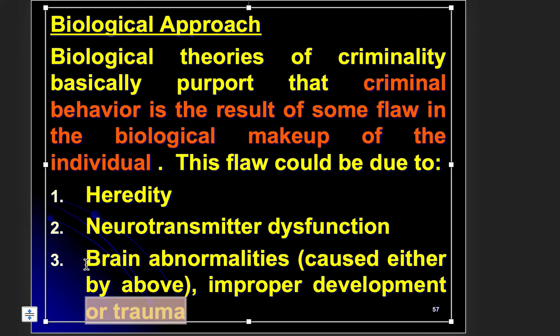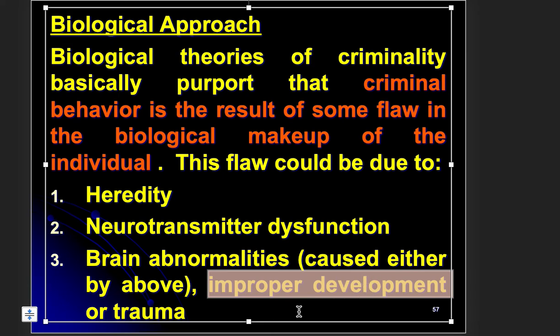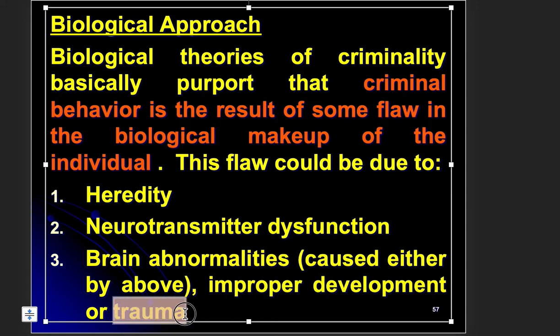So, it's called brain abnormalities. It is caused by either heredity or neurotransmitter dysfunction or improper development during childhood. Posible na pasmo na siya, na malnourished na siya. Or probably napangka na siya, causing some injury on a portion of the brain.